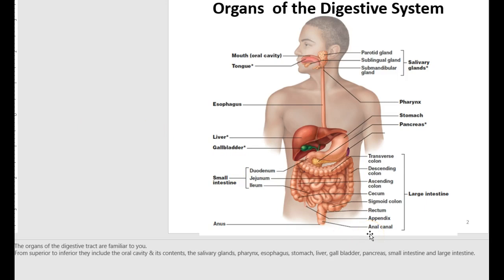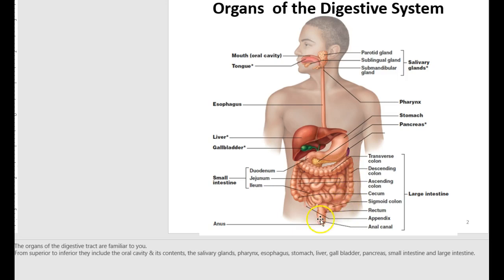The organs of the digestive tract are already familiar to you. From superior to inferior, they include the oral cavity and all of its contents, including the tongue and the teeth, the salivary glands, the pharynx, the esophagus, the stomach, the liver, the gallbladder, and the pancreas, the small intestine, the large intestine, including the ascending colon, the transverse colon, the descending colon.